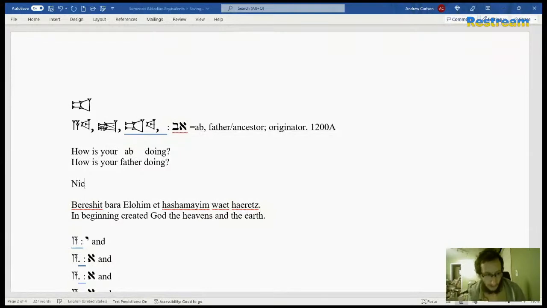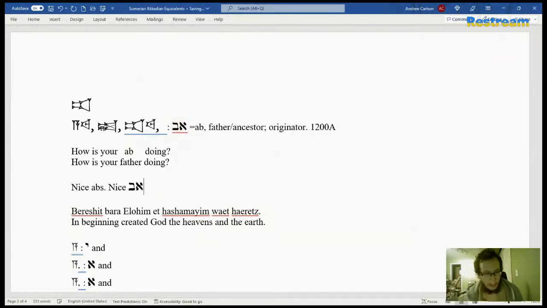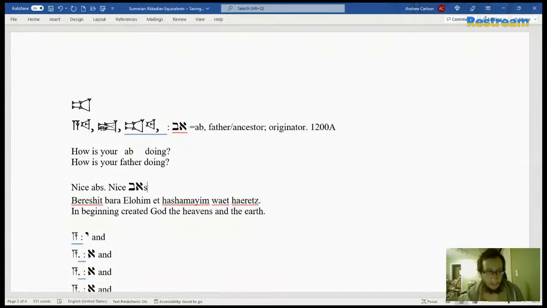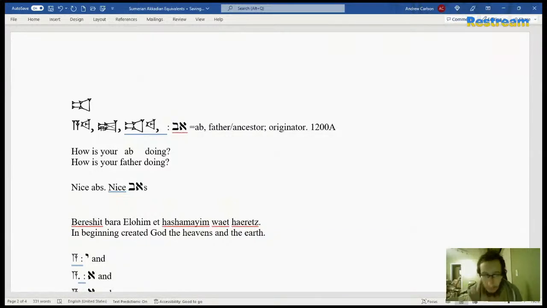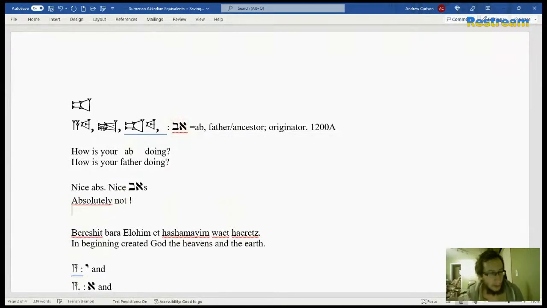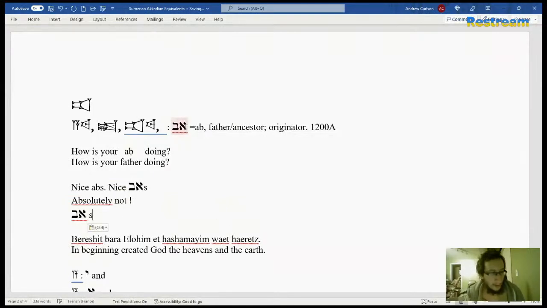Like, nice abs, like your muscles, nice abs. They're using that sound, like that's how it works. Like, absolutely not. See how it's, see what I mean there? So that is essentially what the Akkadians did.